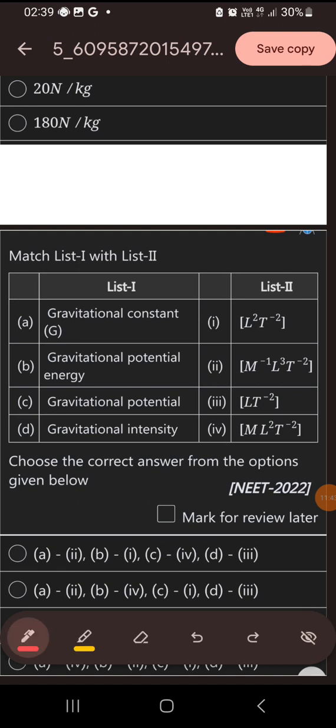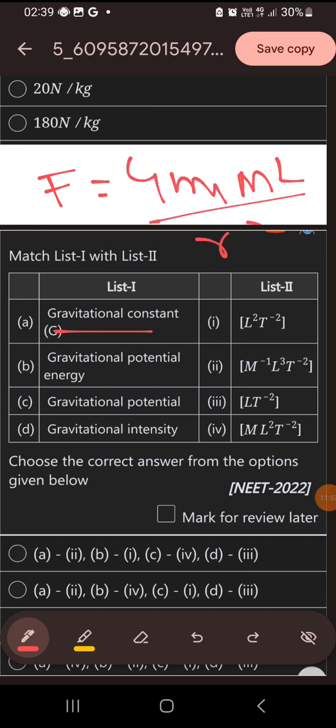First shall we see, I'll show you one. The gravitational constant, the simple formula F is equal to G m1 m2 by r square. So we are going to identify the value of G. G is equal to F r square by m1 m2. What is the formula of F? F is equal to mass into acceleration, we know.